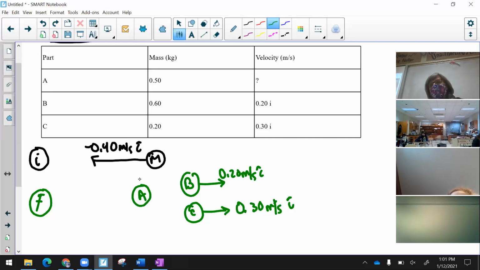However, particles B and C are moving in the positive direction. So like Lauren said, particle A is going to have a pretty big velocity to balance all that positive momentum, and still give us a net momentum in the negative direction, okay?